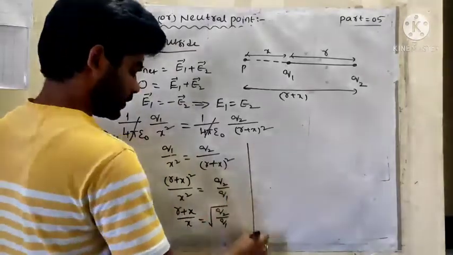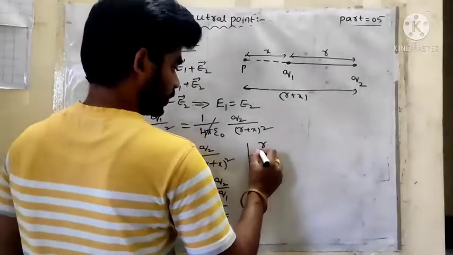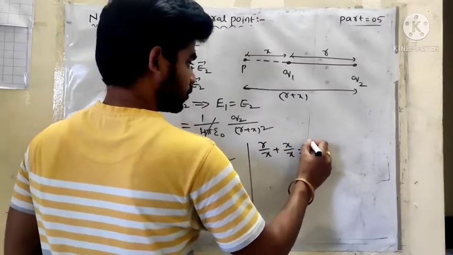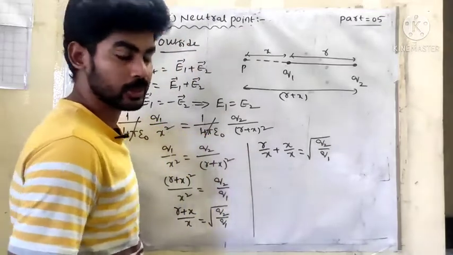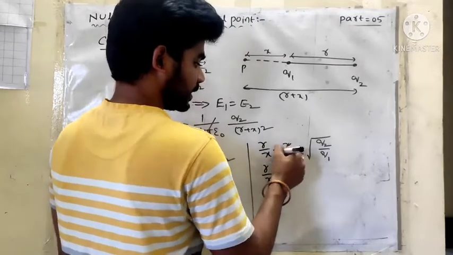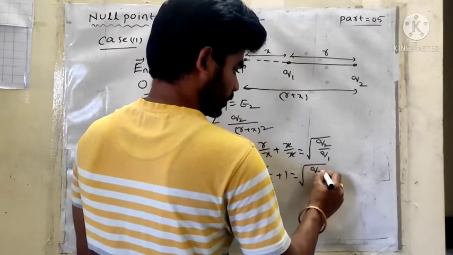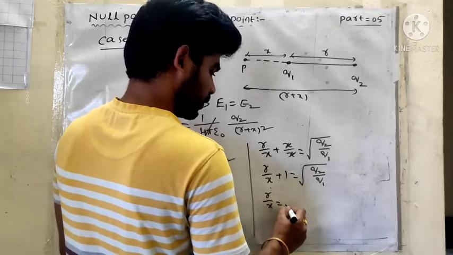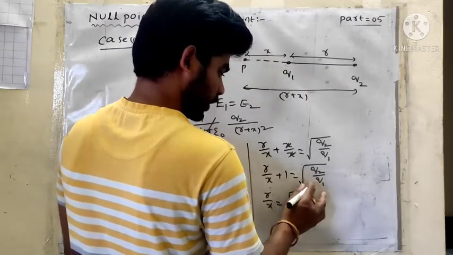Next, divide the denominator individually: r by x plus x by x is equal to root over q2 by q1. So r by x plus 1, x cancels, is equal to root over q2 by q1. So r by x is equal to root over q2 by q1 minus 1.